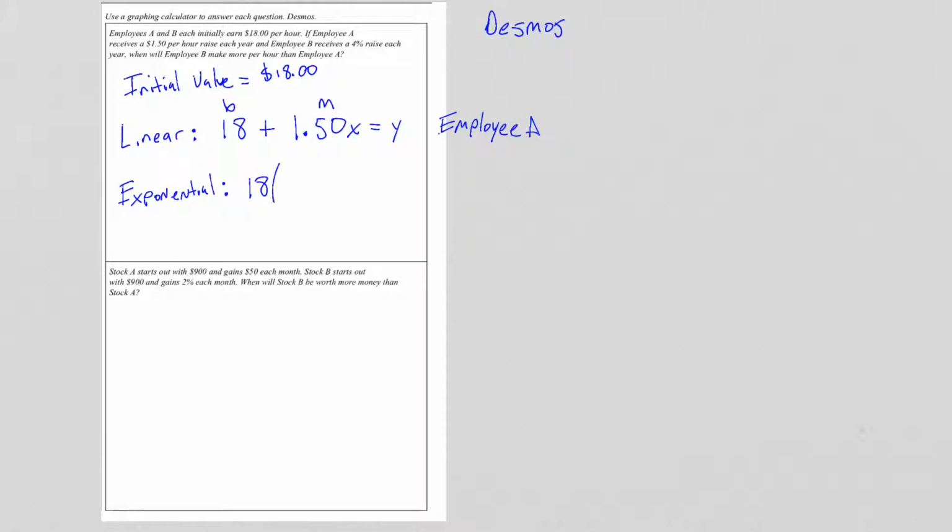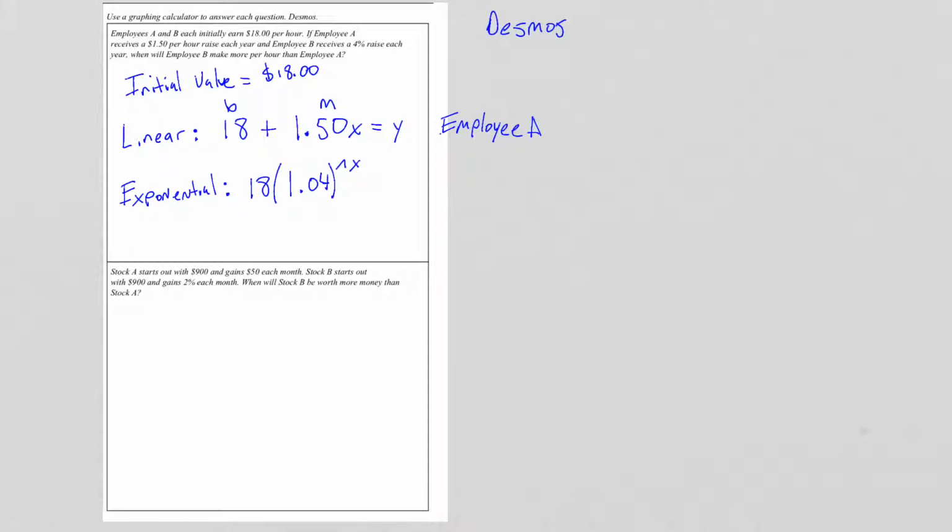This is the y-intercept for the exponential equation as well. And then how much is it growing by, what rate? A rate of 4%. So that's 1.04 raised to the power of x. So that in Desmos is going to look like this.